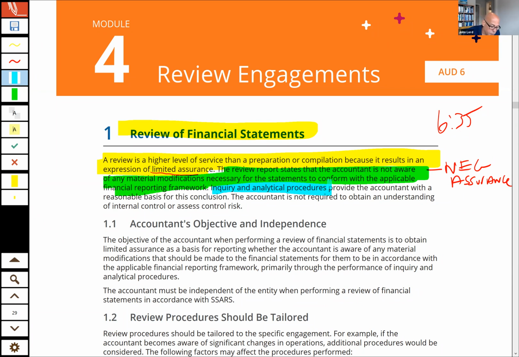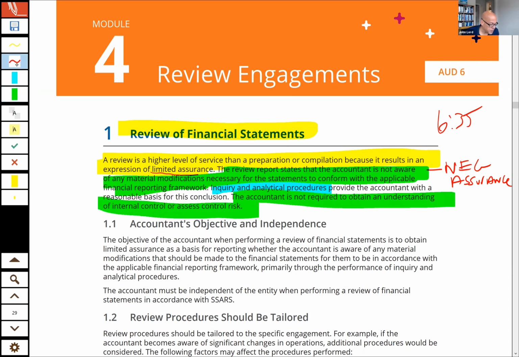Now, important, we are still not auditing the financial statements. Therefore, we will not be required to obtain an understanding of the controls. We will not have to assess control risk, because we're not in an audit. All of that about obtaining an understanding and assessing the risk of material misstatement is for an audit.